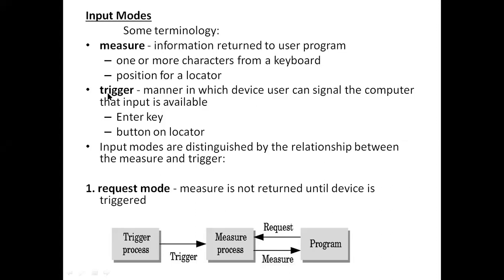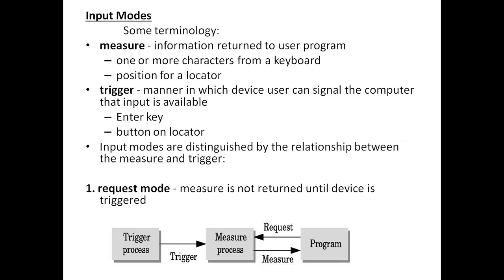Then what makes it go to the program? That is the trigger. What is a trigger? A trigger is a manner in which the device user can signal the computer that input is available. How do we usually do it?